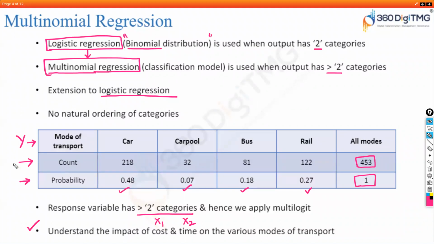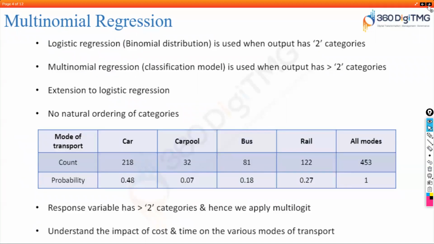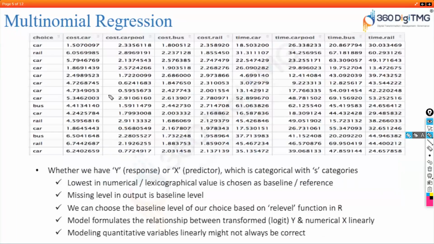And then we would look at this. This is the data set. Choice, which is your output variable. Would you travel by a car or a rail or a bus or a carpool?